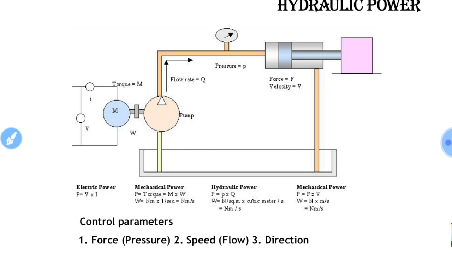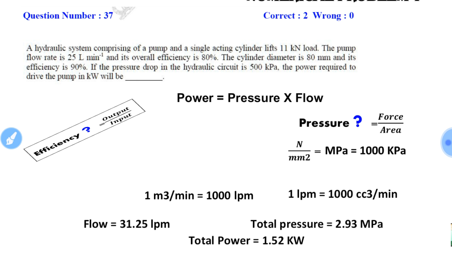Due to these passages, pipe connections, and the bends of the pipe, there will be some losses, that is called pressure drop. We can calculate those losses in terms of pressure, so it is called pressure drop. This pressure drop we also need to add to the system pressure, because this pressure is also generated by the pump.